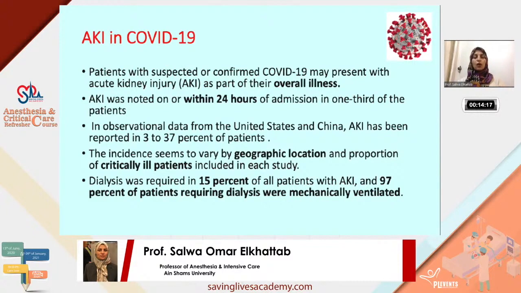Dialysis was required in 15% of these patients from our observational study. And usually dialysis was required in the most severe patients, namely those on mechanical ventilation or maybe having hemodynamic instability.